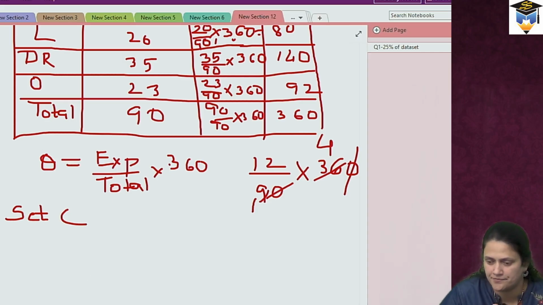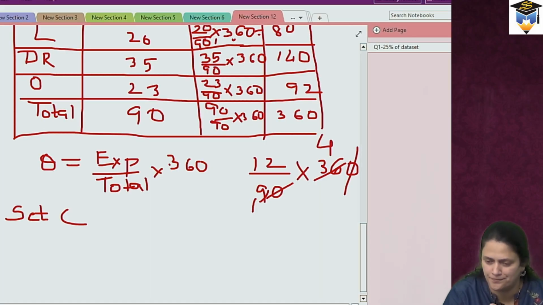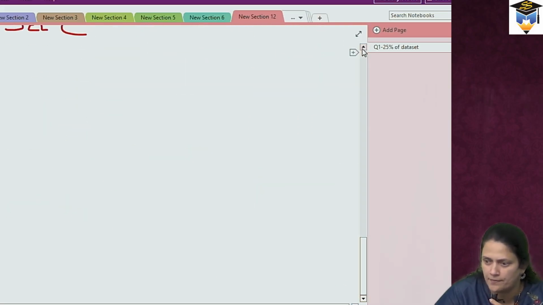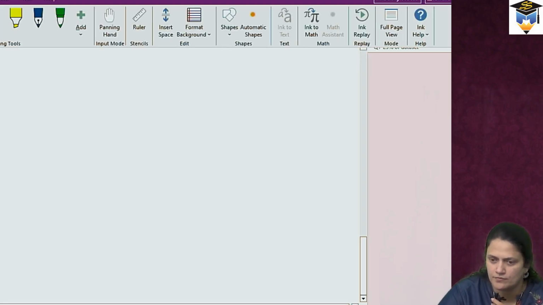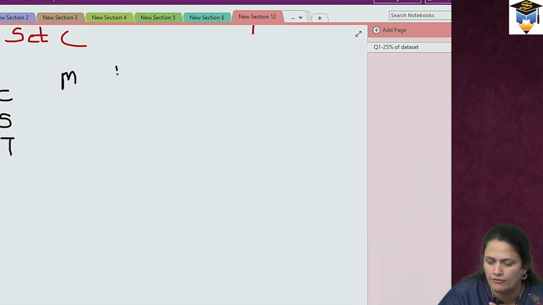Let us form the table for set C: commerce students, science students, total, male, female, total.